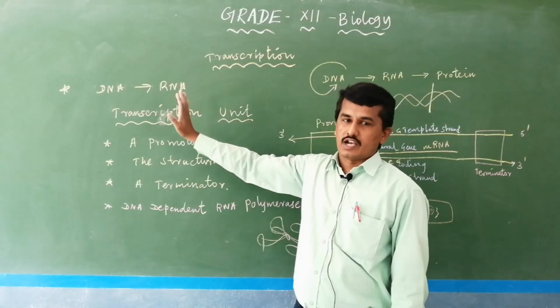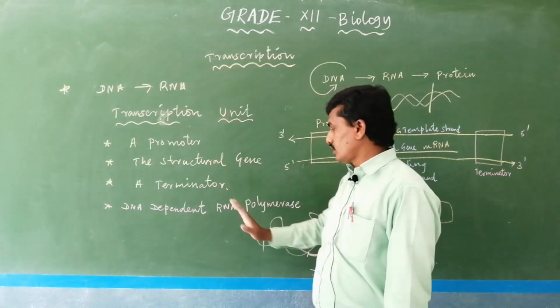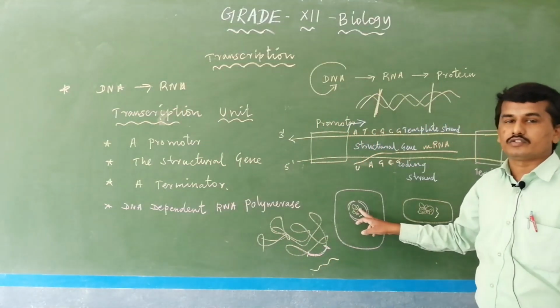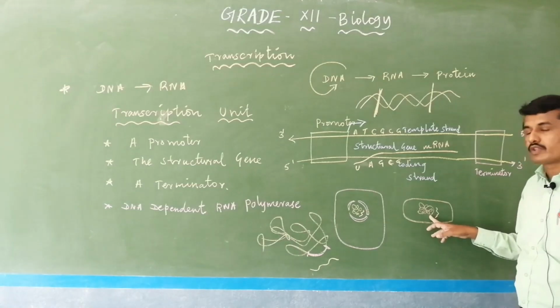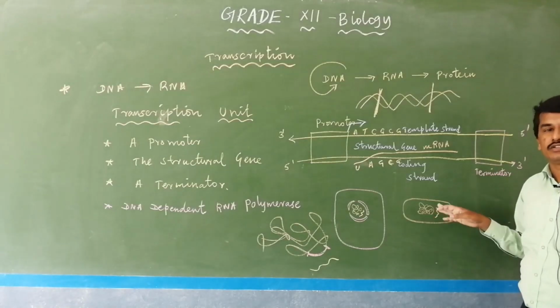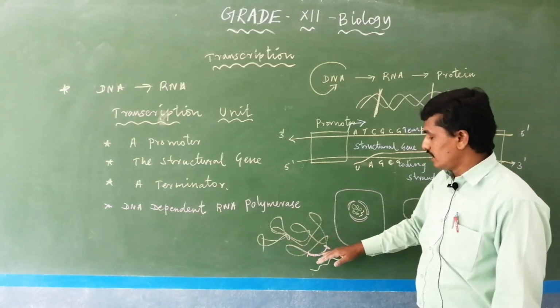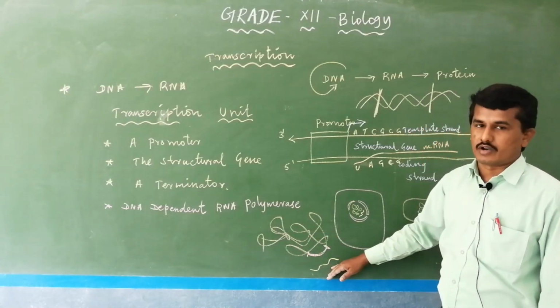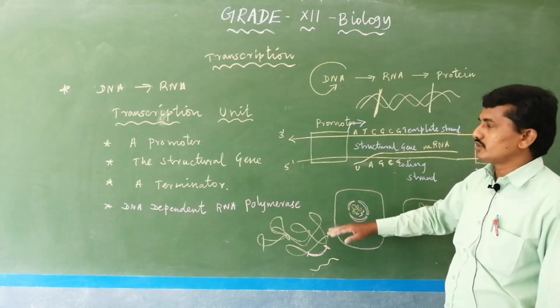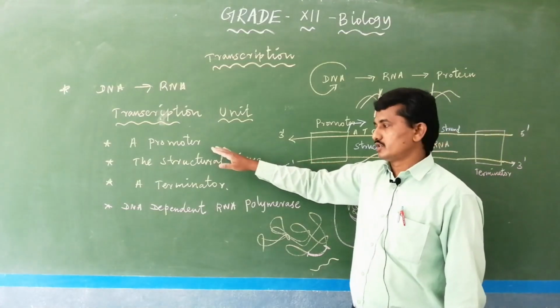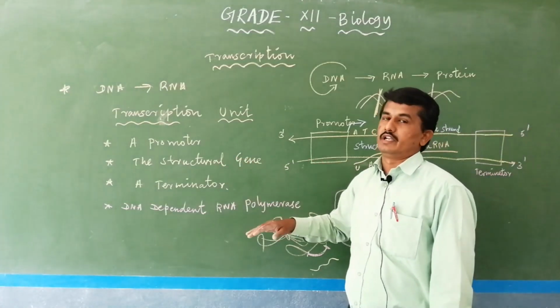It takes place inside the nucleus in eukaryotes and in the nucleoid in bacteria. The transcription unit involves three parts: a promoter, structural gene and the terminator.